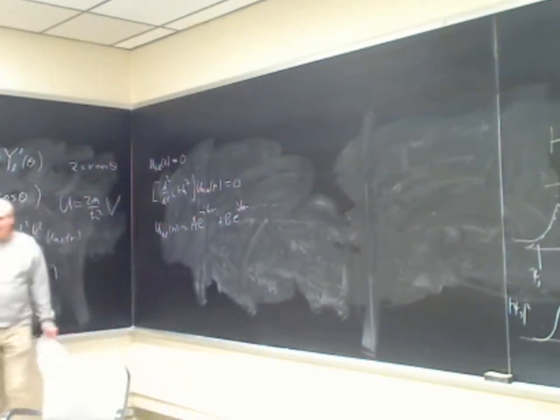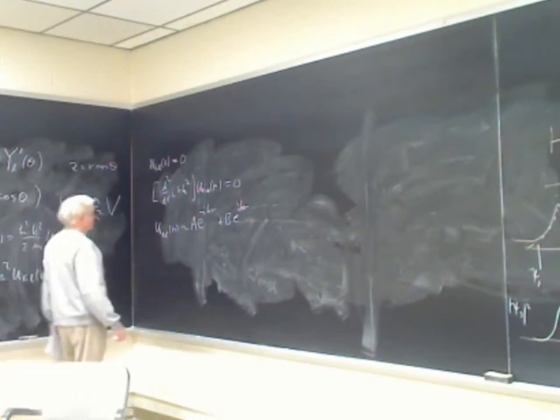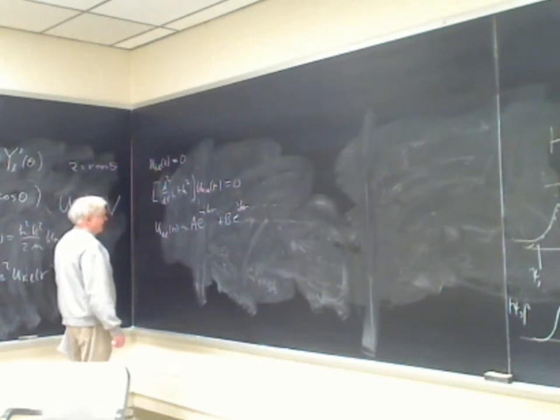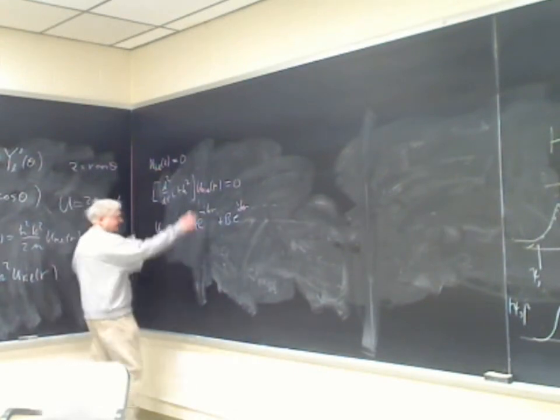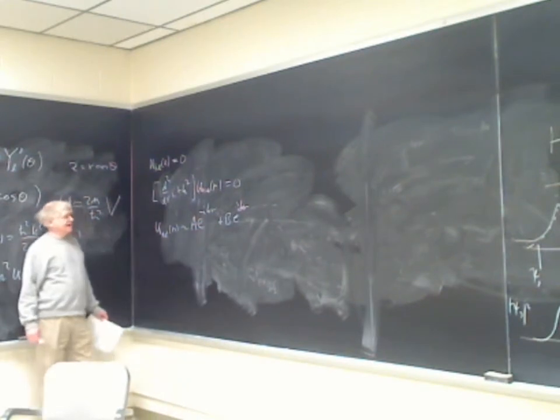And then one can argue that A and B have to be of the same magnitude, and the reason for that is that this incoming wave, all of it goes out. We're talking about scattering without any absorption.